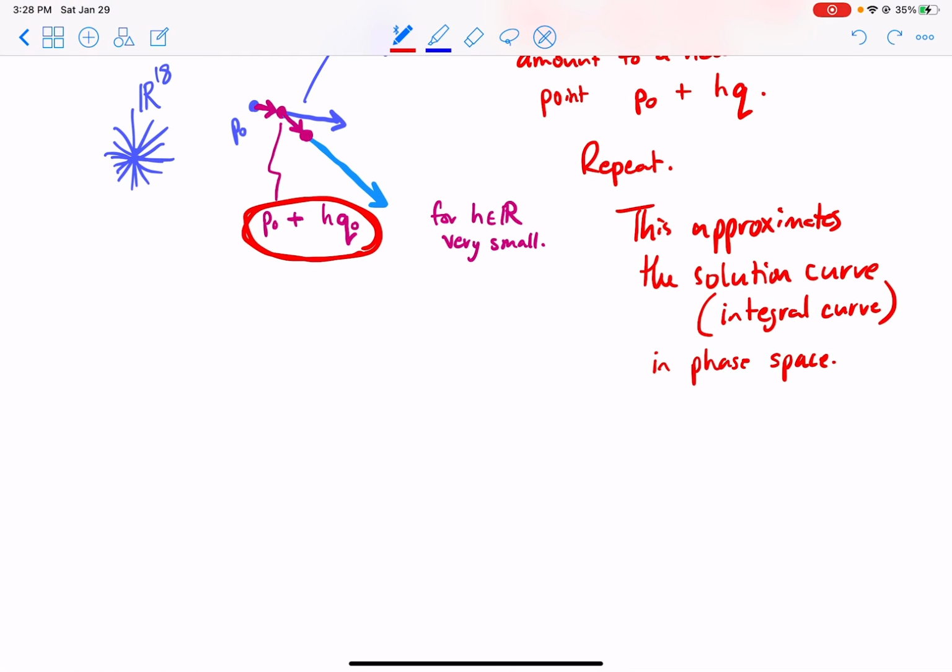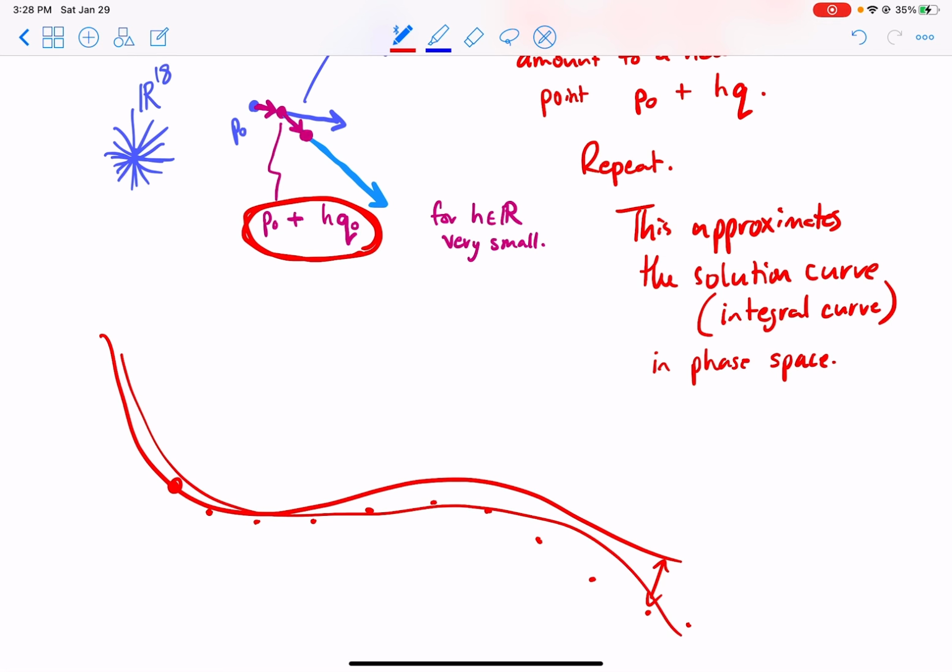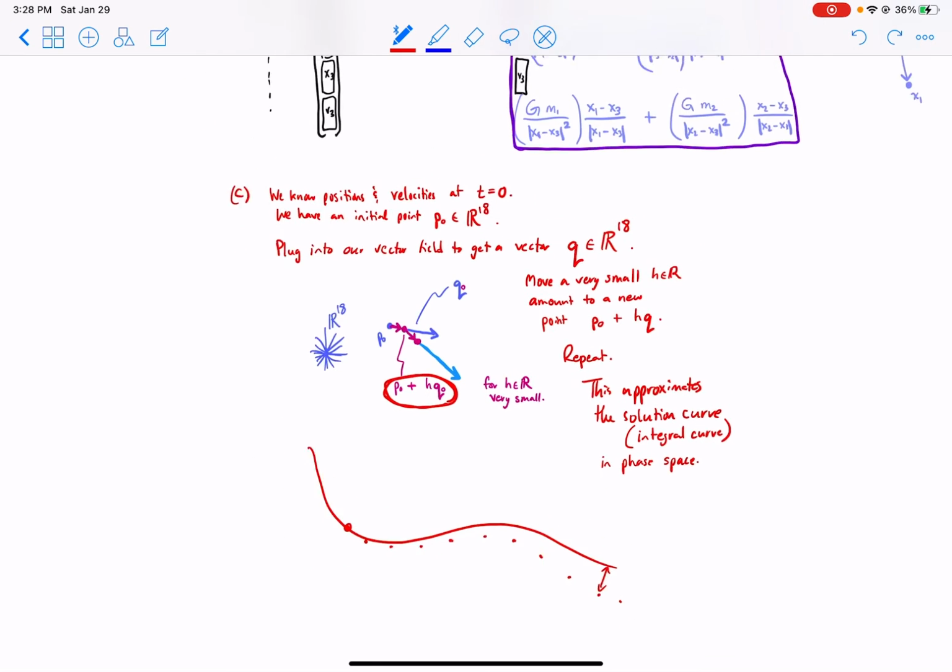And so even though the true solution curve might look like this, we might sort of follow it like this. And over time the error will be worse and worse, but we're roughly following the solution curve. So that's the idea. And here was my answer.